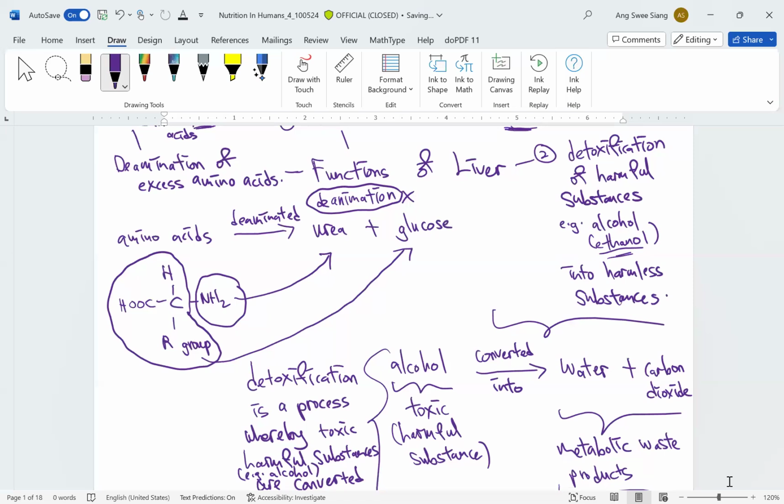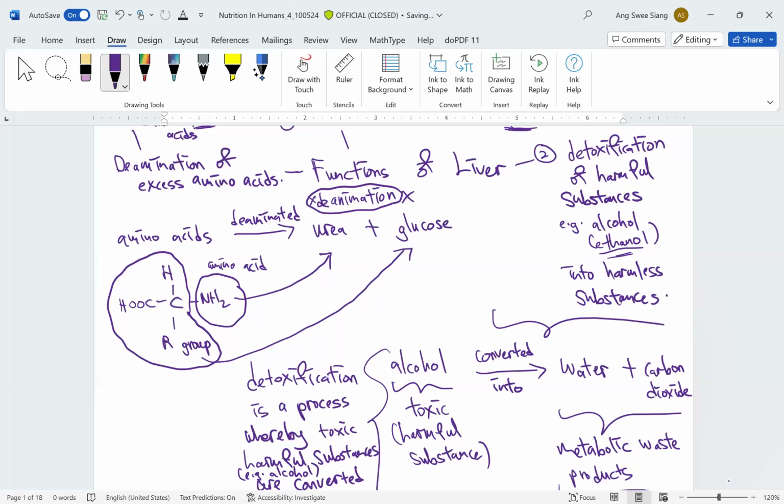It's deamination. So this is wrong spelling. This is the correct spelling. So during deamination, or when we say amino acids are deaminated, it basically means that the amino group will be removed from the amino acid and then it will form the urea.